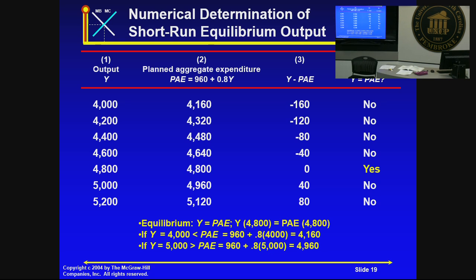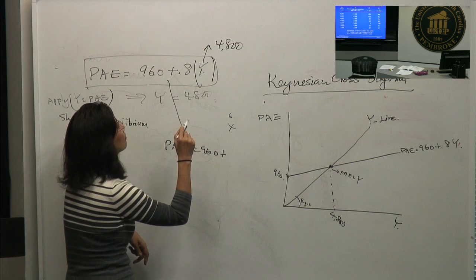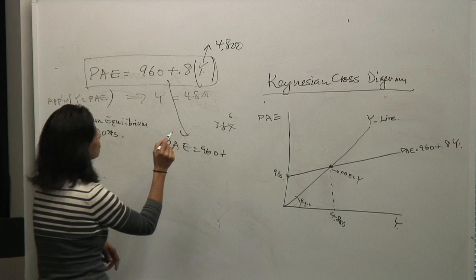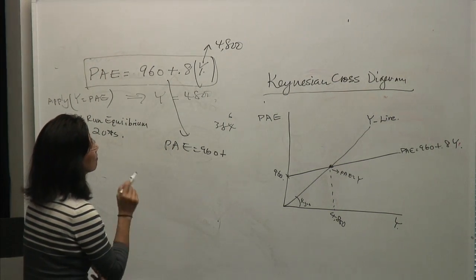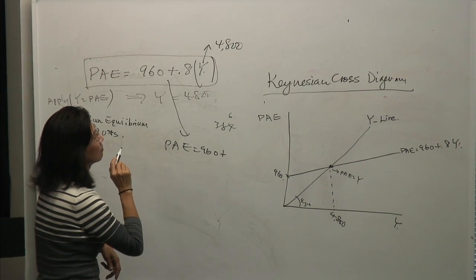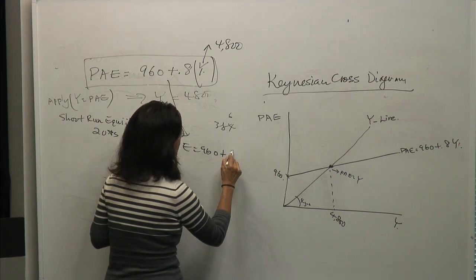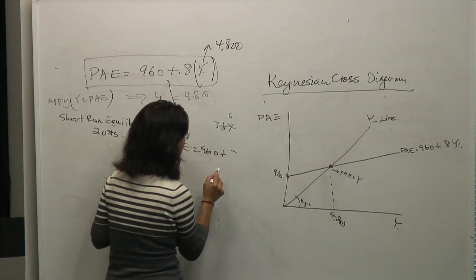Somebody give me a number. Calculator. What's 80% of 4,800? Okay, you have it? 3,840. Sorry? What's the number?